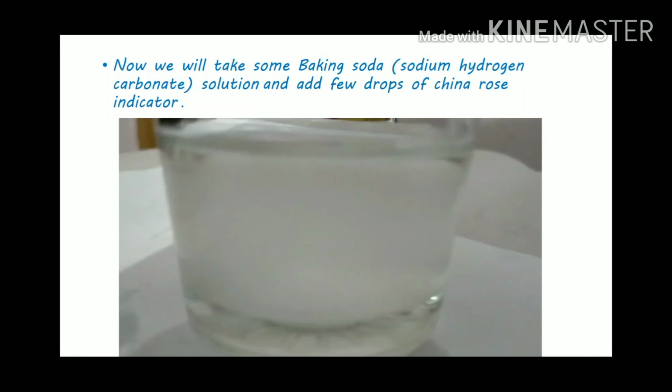Now we will take some baking soda. Chemically it is also called sodium hydrogen carbonate solution, and add few drops of China rose indicator.